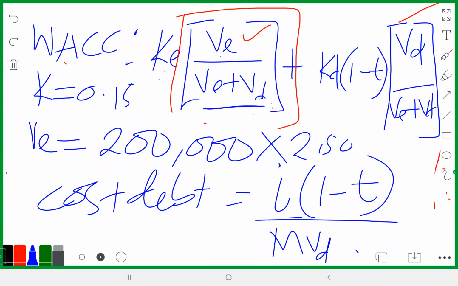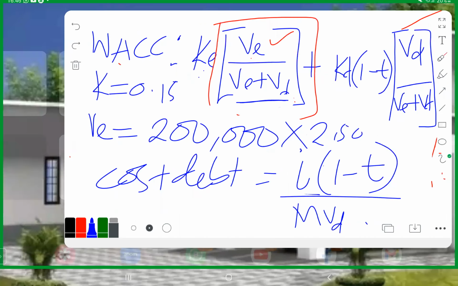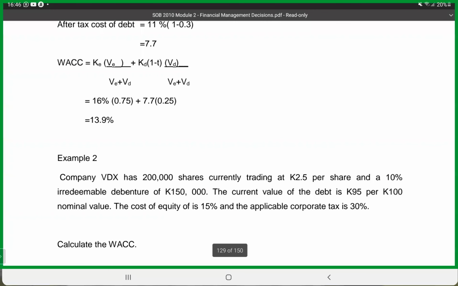Now we can find the interest. We know that the debenture, the debt itself, is 150,000.